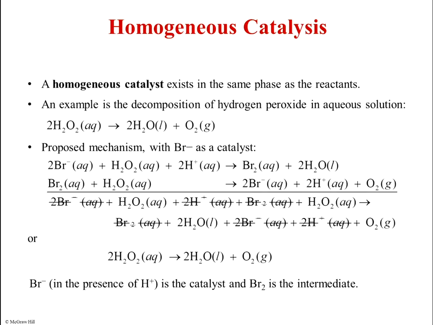So it's a two-step process. If you add all the species there, you notice that the bromides cancel, the molecular bromines cancel out, and the only thing left over is 2 molecules of hydrogen peroxide producing 2 molecules of water plus 1 molecule of oxygen gas. Bromide, in the presence of protons, is the catalyst, and bromine is the intermediate.